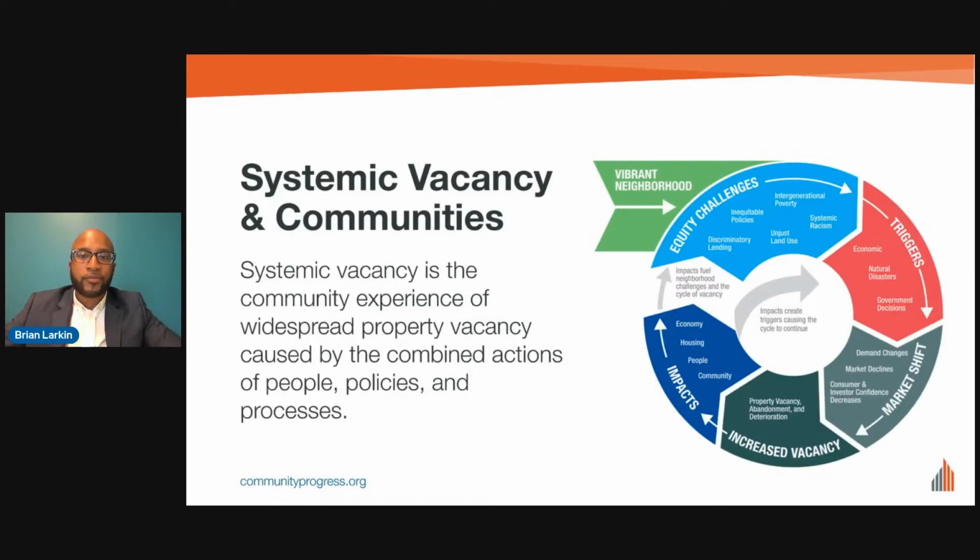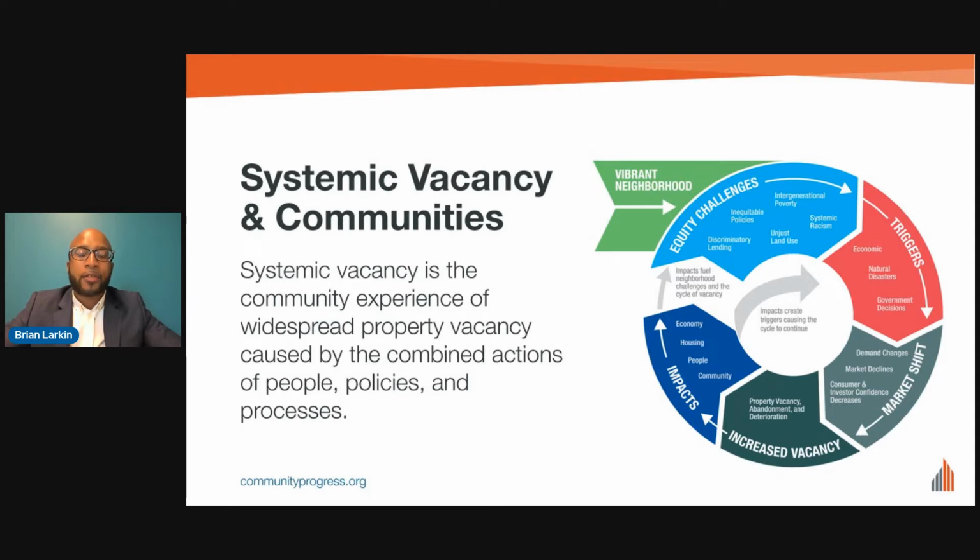So just a refresher on many things that you've heard so far, for those of you who have been able to attend all of the sessions, and for those of you who may just be chiming in right now, the persistent issue that we're looking to address in every session today is systemic vacancy. Systemic vacancy is not just a one-off occurrence.